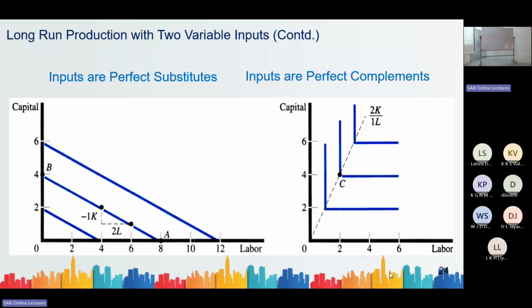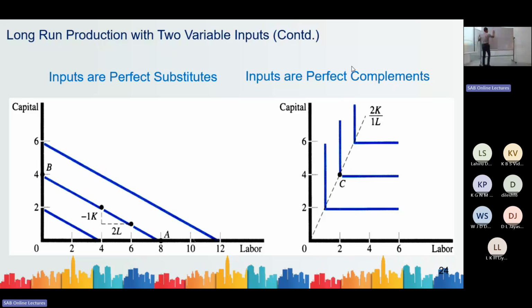Okay. That is the case of two perfectly substitutable inputs. That is one extreme. The other extreme is when the two inputs are perfect complements. Perfect complements are inputs where producing an output requires both inputs.